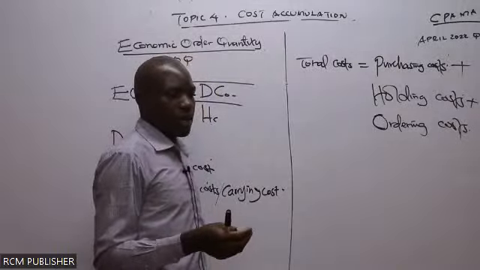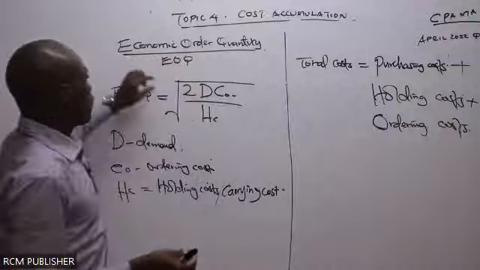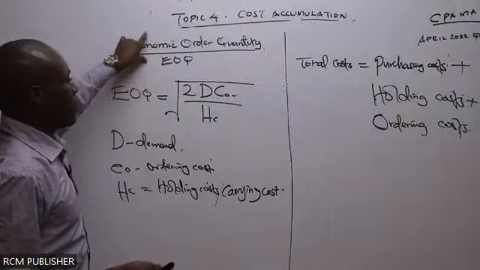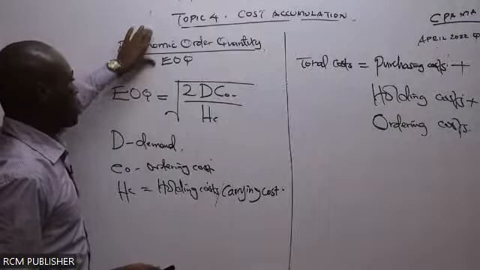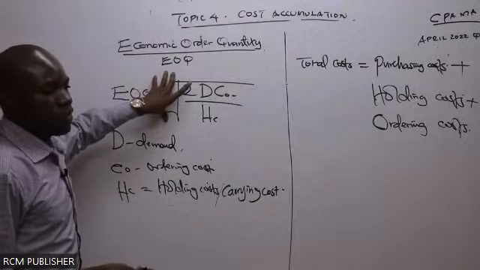Can the examiner ask for the definition of economic order quantity? Of course, they can ask you that, but that is very simple. They are going to ask you the assumptions. They are going to ask you on application of the formula, the quantitative part of it.